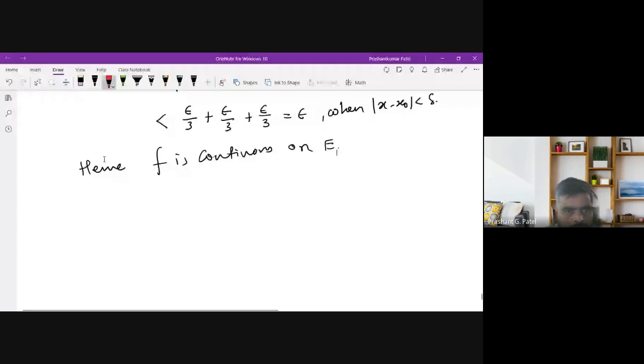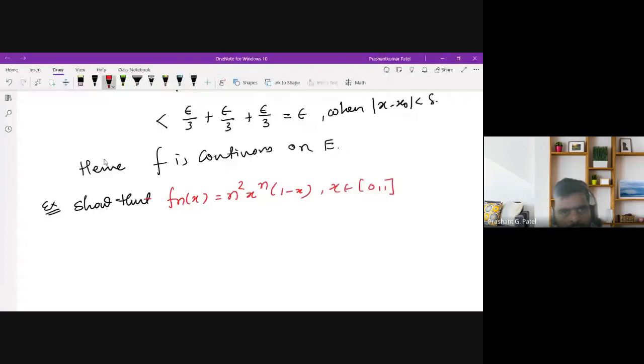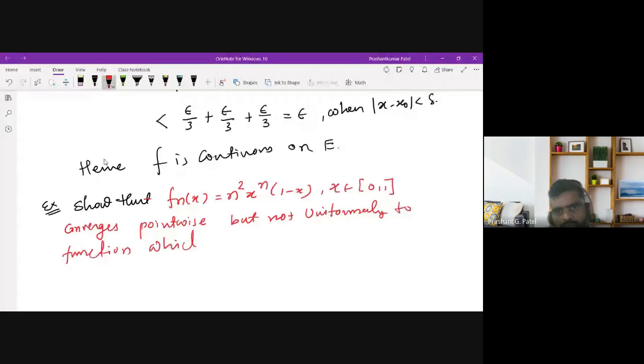So let us consider this example: fn(x) = n² xⁿ (1 − x), x belongs to the closed interval [0, 1], converges pointwise but not uniformly to the function which is continuous on the closed interval [0, 1].